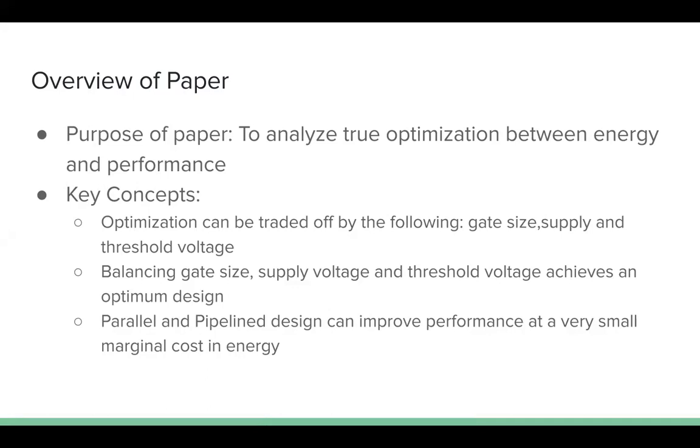Some of the key concepts had mostly to do with optimization, but one thing we noted is that optimization can be traded off by the following: gate size, supply, and threshold voltages. In optimizing chip design, it's really important to balance gate size, supply voltage, and threshold voltages to actually achieve optimal design.